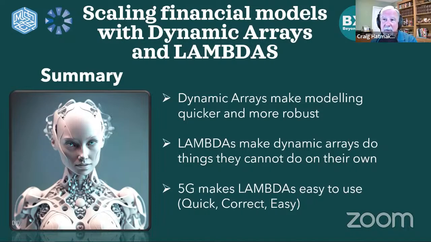But with a dynamic array, you can spill it to a gazillion cells. And yes, if you spill a gazillion cells, you're going to slow down your model. It's going to get slow because so many things are being calculated. The advantage is that your productivity just skyrockets.